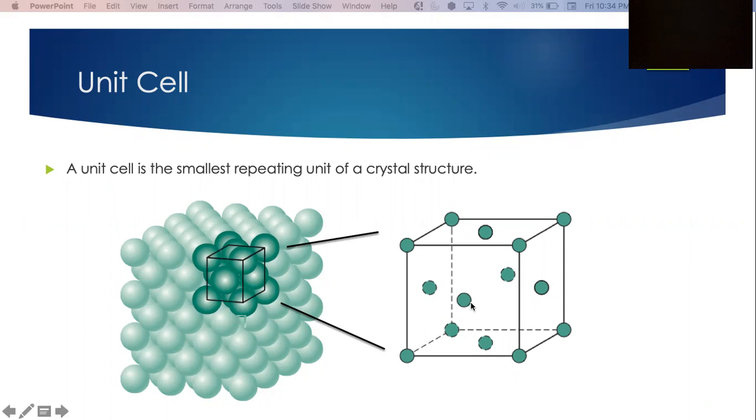So we have an atom at each of the cube faces, and then an atom at each of the cube edges. Now, within the actual unit cell, it's only going to be 1/2 of the atoms that are at the cube face, and it's only going to be 1/8 of those atoms that are at the cube edges.